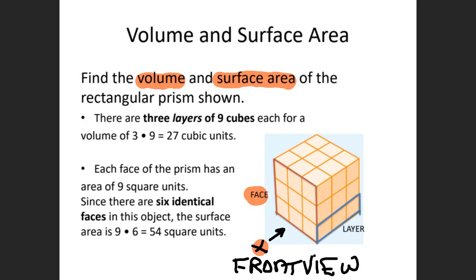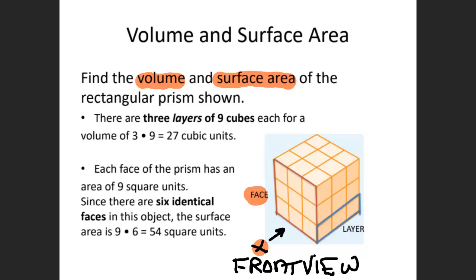Now, your book is also going to talk about layers, which means every layer or most layers have the same number of sugar cubes going across, but it also has the same number of sugar cubes most of the time on each level.